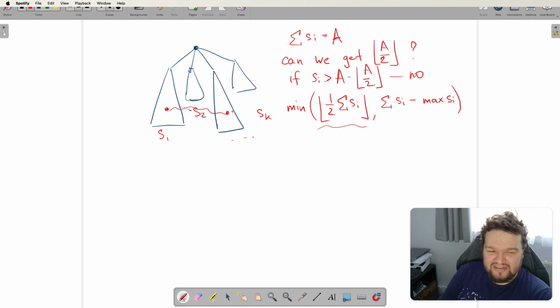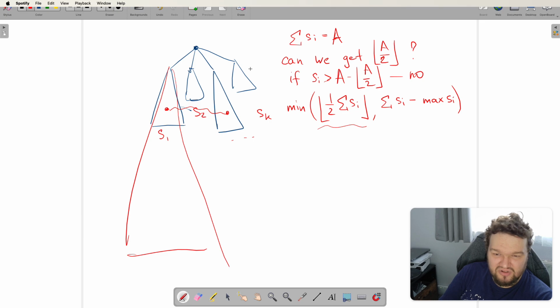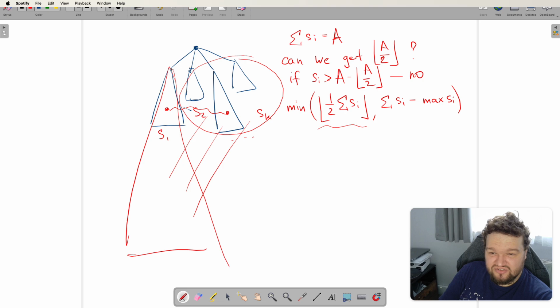And moreover, it does not matter for us which vertices here are left. So we can say, okay, let's say this is very large and everything else is small. Then those we can match to some different vertices here. But for now, let's just try to solve recursively in this subtree.